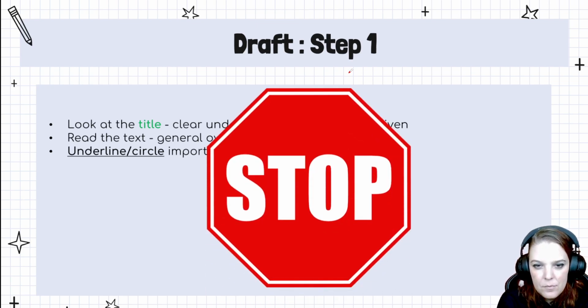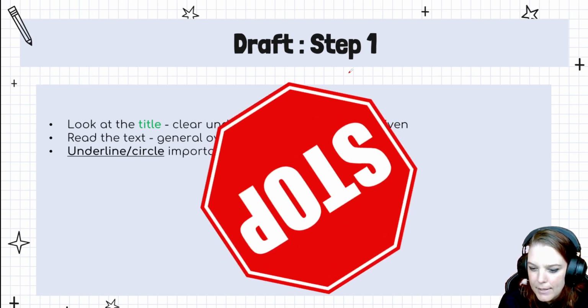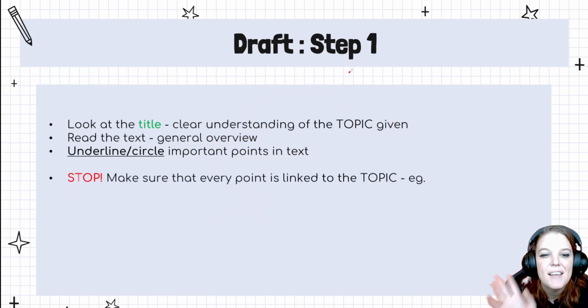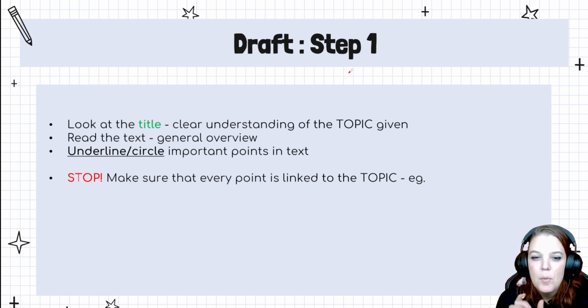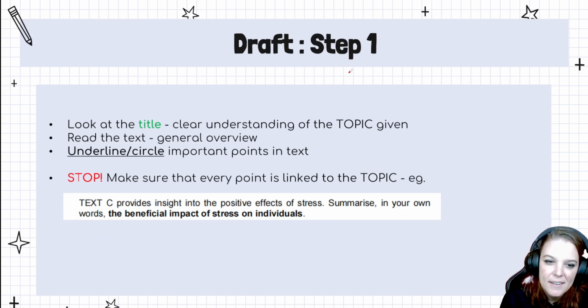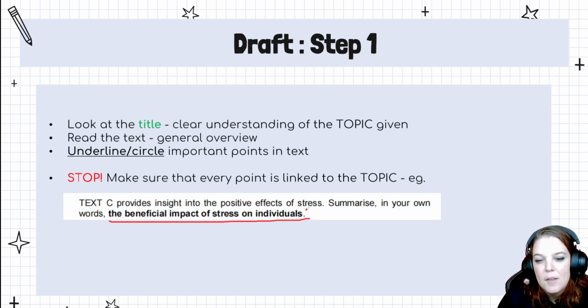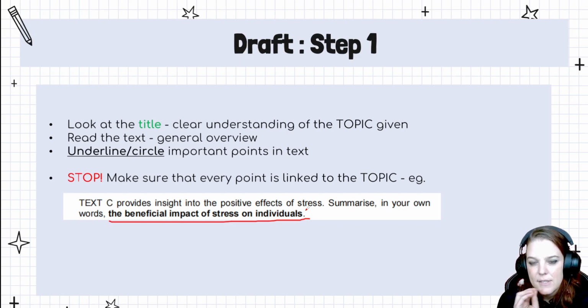So make sure we're only underlining points that are linked to the topic. Here it says the beneficial impacts of stress on individuals, so when we are doing our summary, it's not just about stress in general, it's specifically about the beneficial impact of stress on individuals.